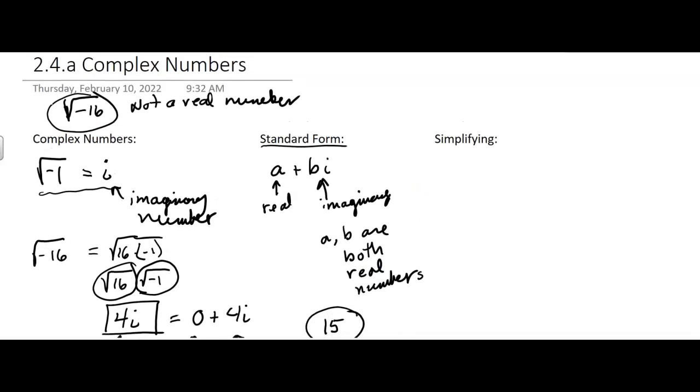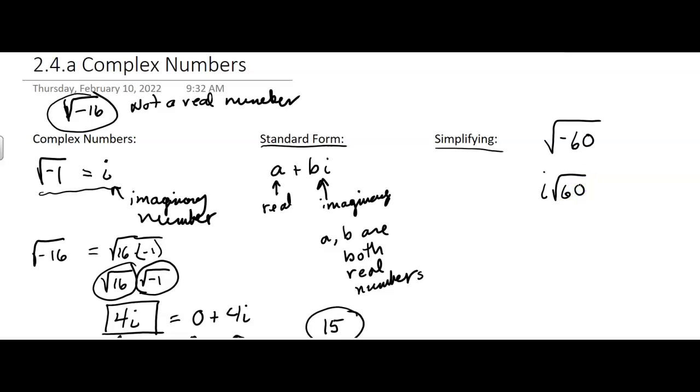But now we want to talk about simplifying a complex number. So let's say we have the square root of negative, I'm trying to think of a good one, 60, okay? Well, we know it's going to have an i. Now, I can write that as i times the square root of 60.